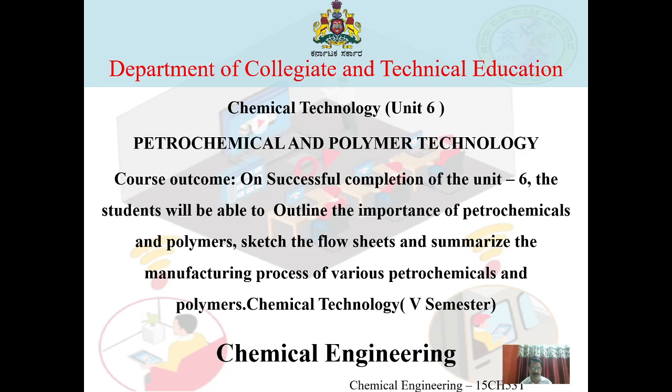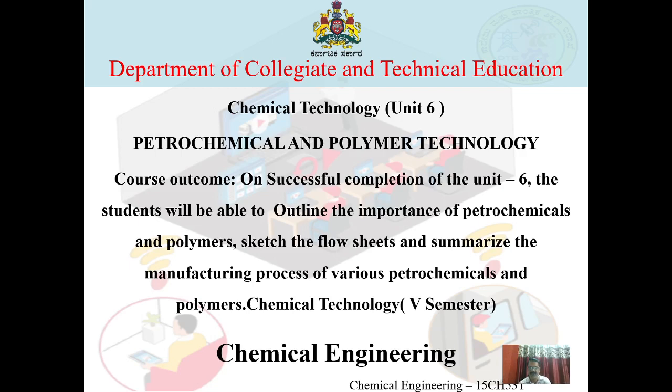This monochlorobenzene is then hydrolyzed in the presence of water at a temperature of 350 degrees Celsius and in the presence of silica as catalyst, which gives phenol and hydrogen chloride for recycle.